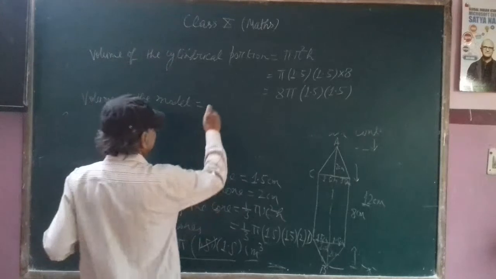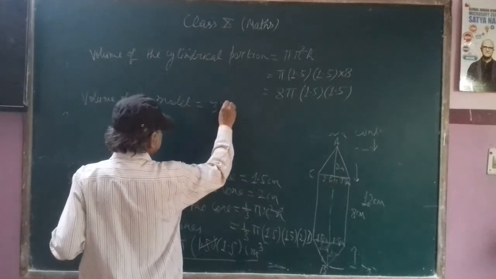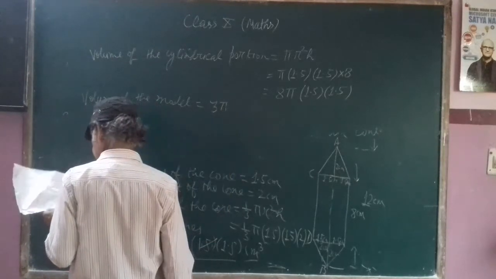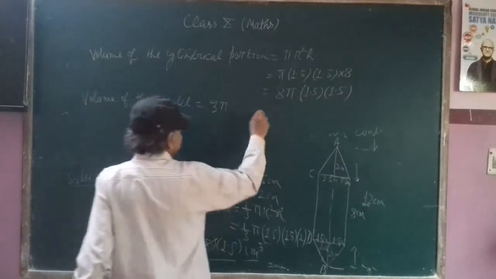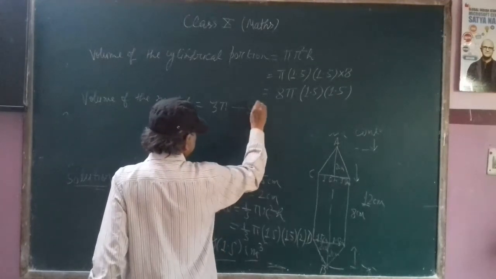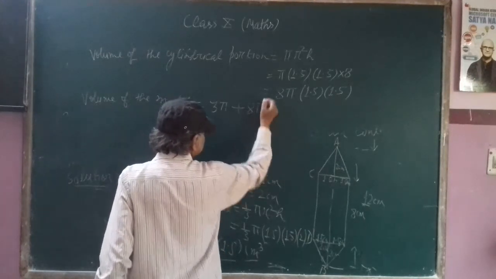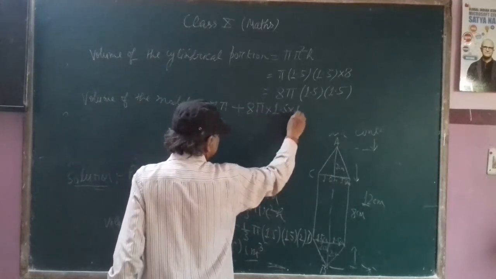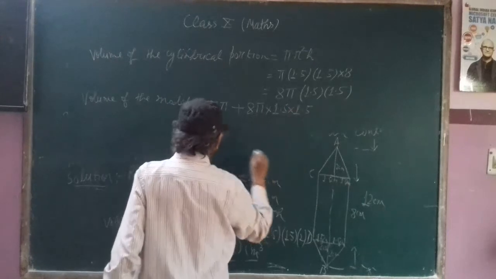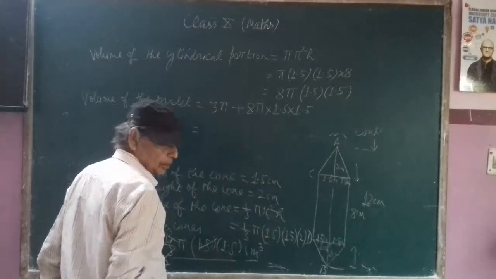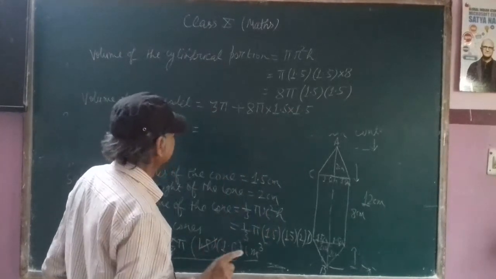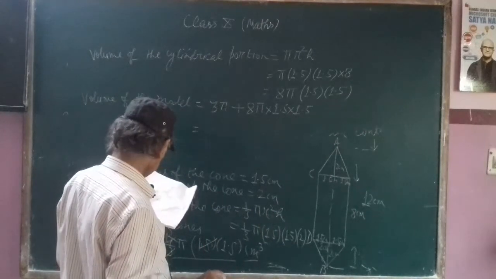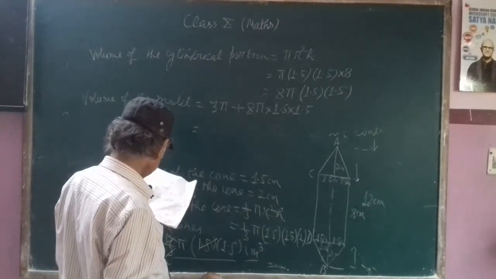You can write here safely 3 pi, and plus this one, 8 pi into 1.5 into 1.5. Now see, 1.5 will be common here, and pi will be common.